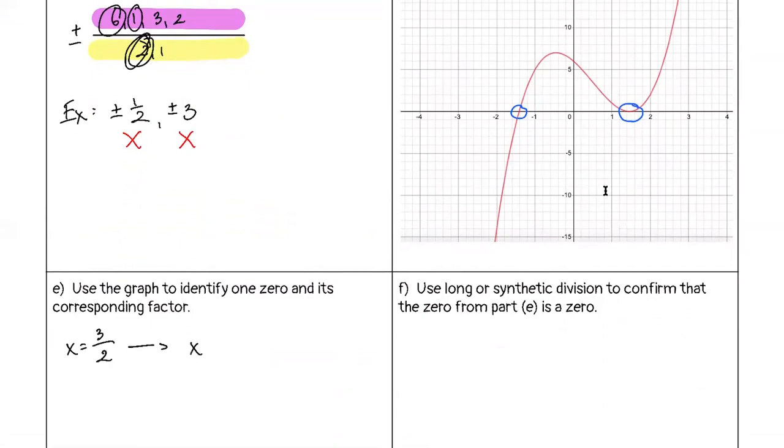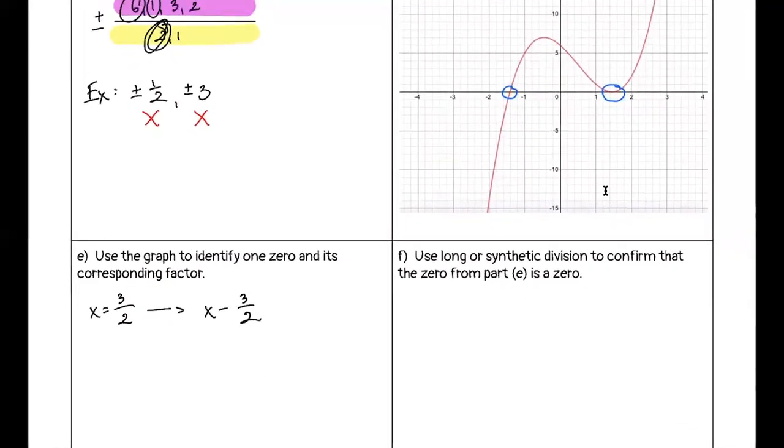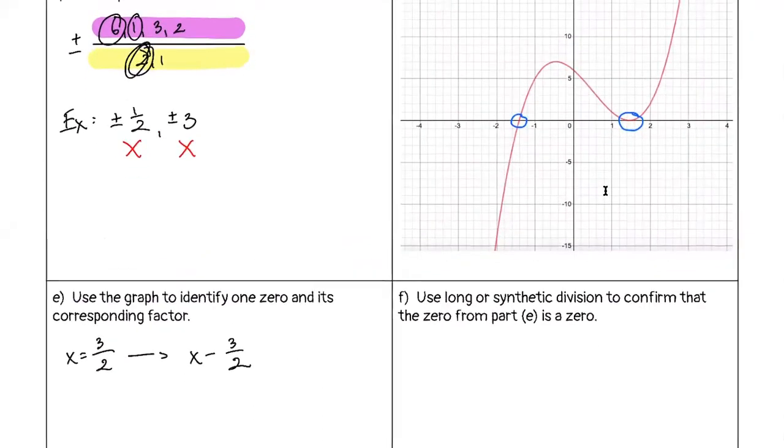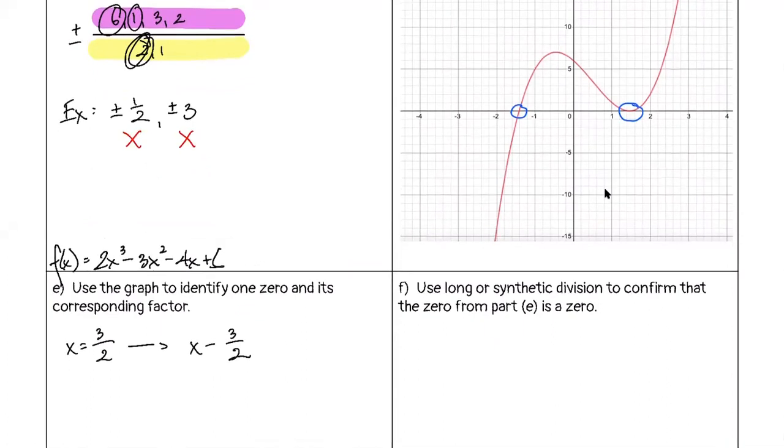Okay, x minus 3/2. Now, thinking back to my original, let me actually just write the original polynomial here. My leading coefficient is a 2.